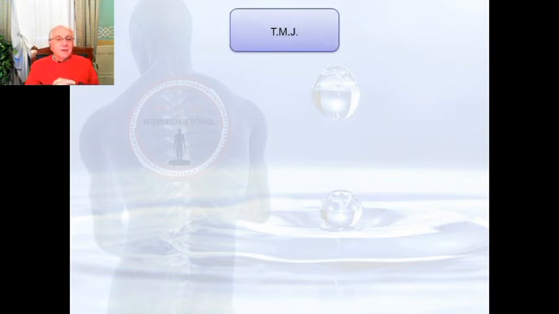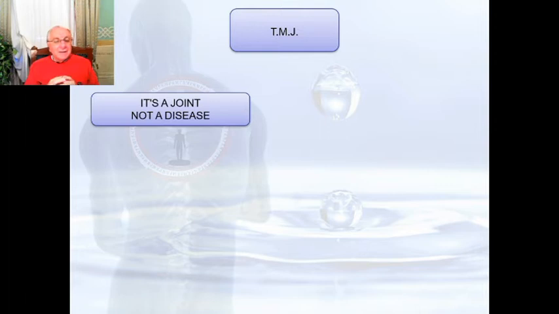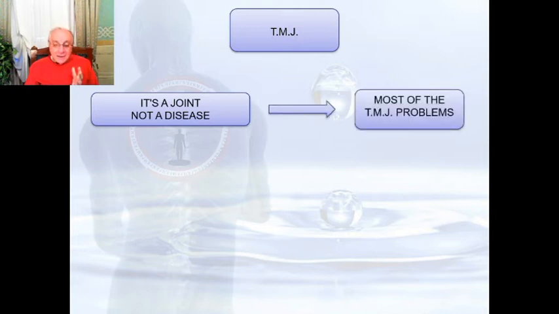When we talk about the temporomandibular joint, we normally think that it is a disease, but that is not a disease. The temporomandibular joint is simple: a joint that is part of a system we call the craniofacial, mandibular and postural system.